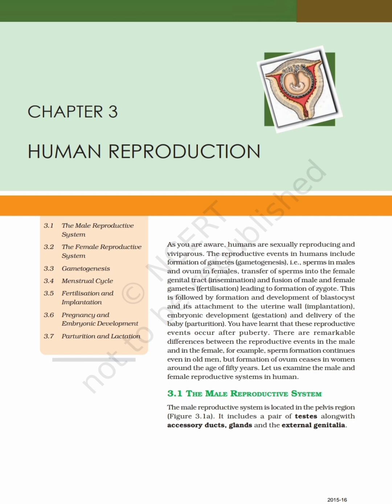After attachment, the zygote grows and develops, and this growing and developing step is known as gestation. Then when the baby has grown fully, it's time of its delivery, and that is known as parturition. So these are the major events in human reproduction.